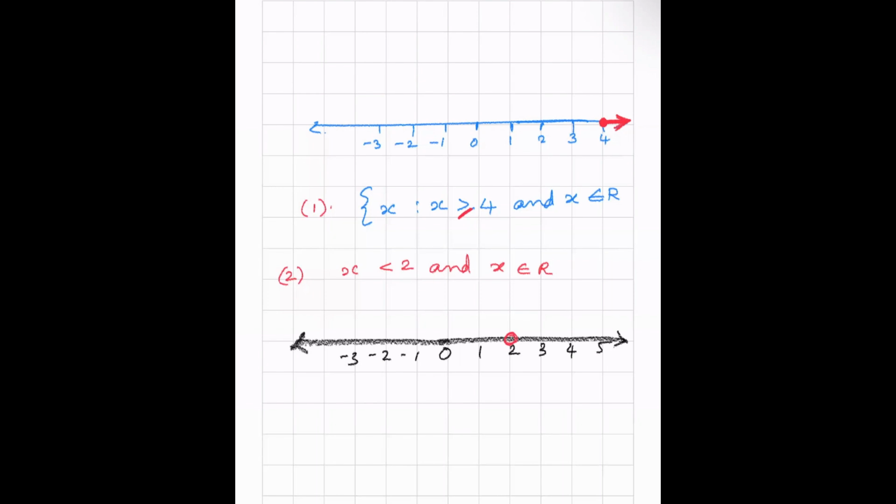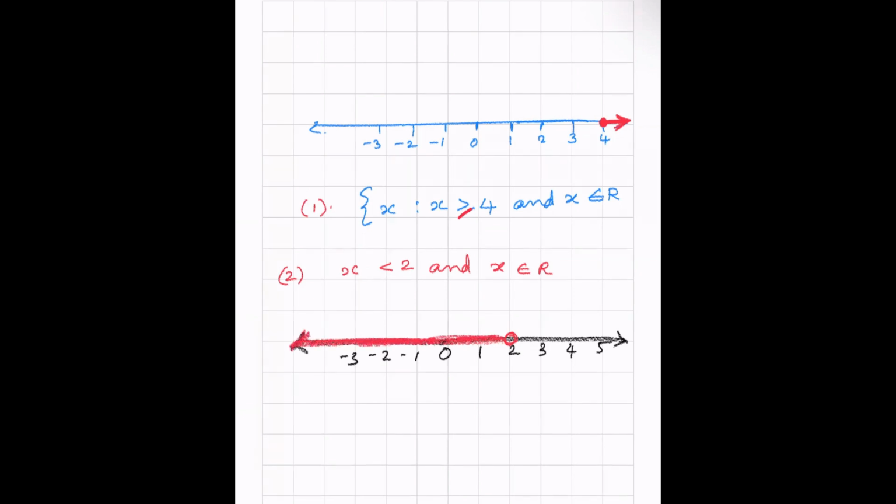2 is not included, so I should draw a hollow circle. This is not a darkened circle, it's a hollow circle. I should draw a hollow circle on 2, and anything lesser than 2 means darken this side, but not the circle.